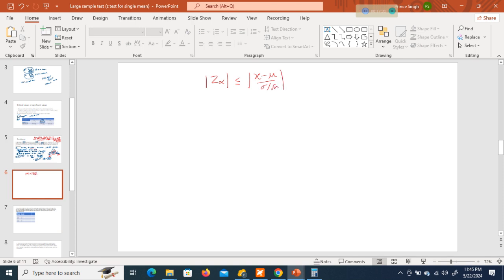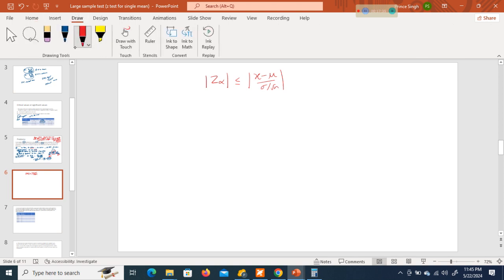Not greater than, it is less than or equal to mod of Z alpha. So what is the confidence? If I say 95% confidence limit, it means 95% is the acceptance region. So what is the region of rejection? 5%.